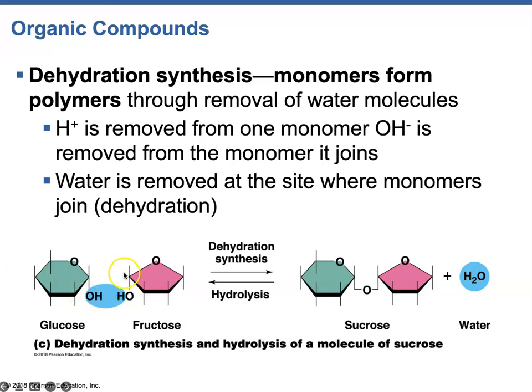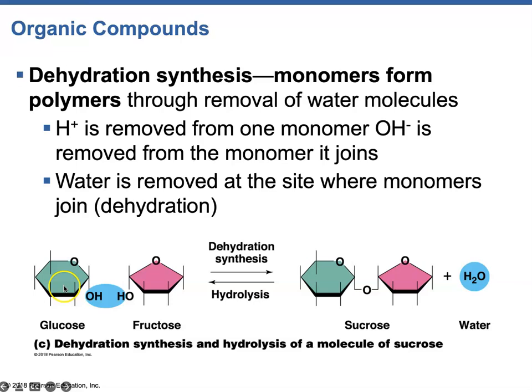We can take these two and do a dehydration synthesis reaction, which just means we dehydrated these two. We put them together, and we take an OH from one and an H from the other and make water. And now we take one of these O's, this little guy right here, and we use that O to make sucrose.